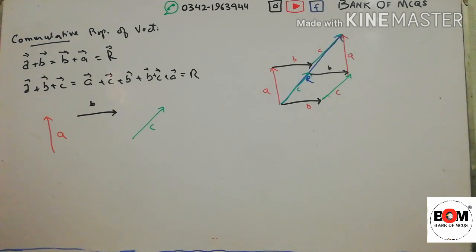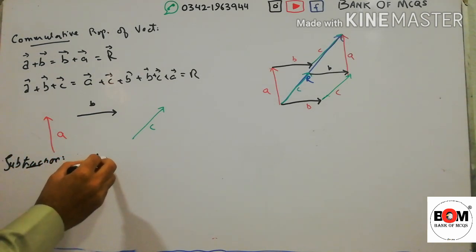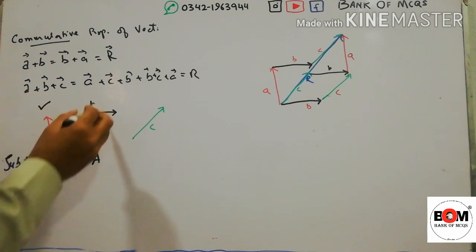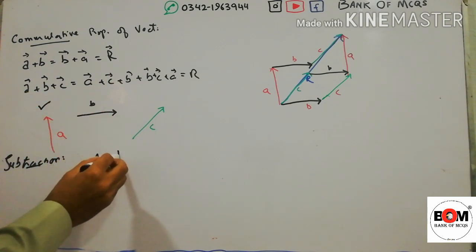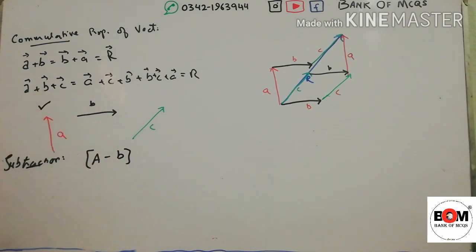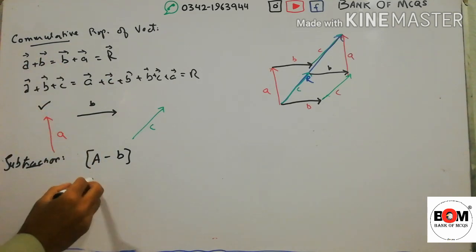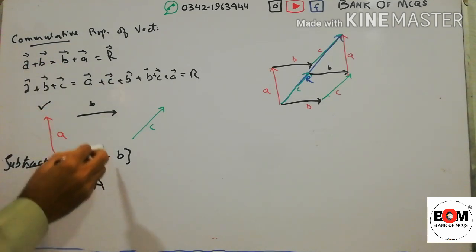Now subtraction of vectors. There is no direct way of subtracting vectors. If we have vector A and you want to subtract B from it, you cannot subtract it directly. What we do is use the addition rule.